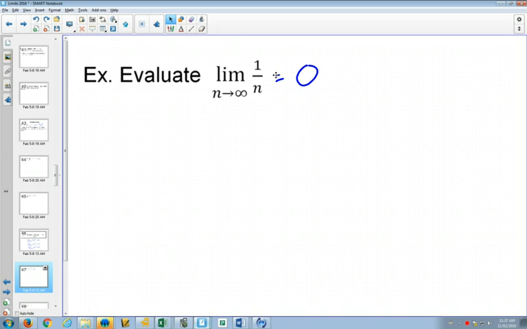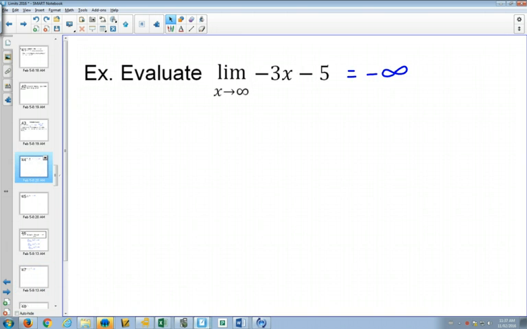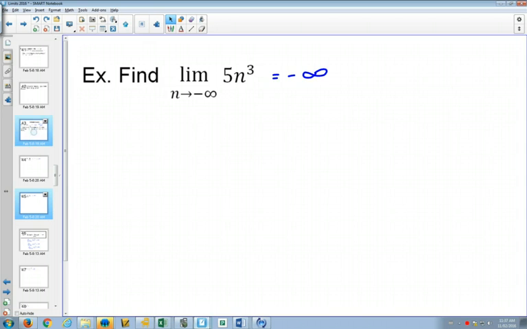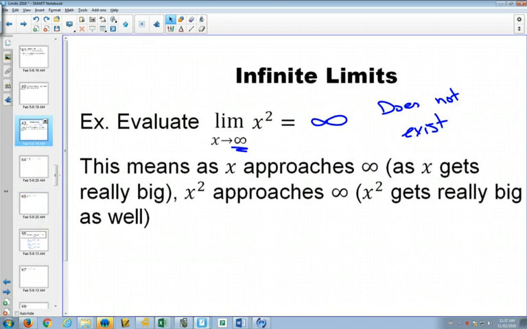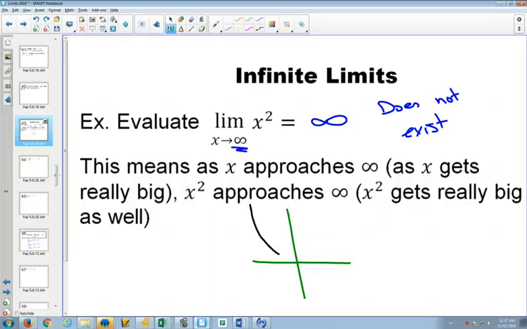We can see these things on our graphs. Like on this one, let's start with the x squared one. If we think of our x squared graph, it looks like this. And as you keep going this way, you can see that the graph keeps getting bigger and bigger and bigger.